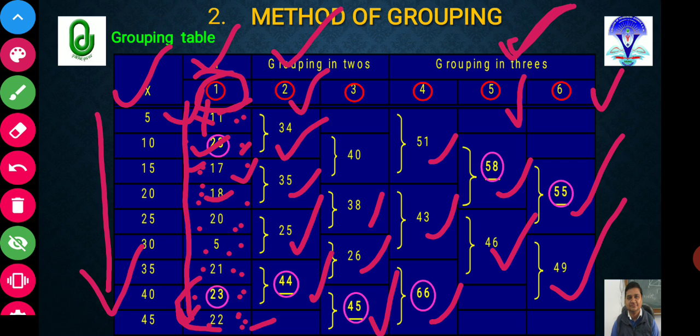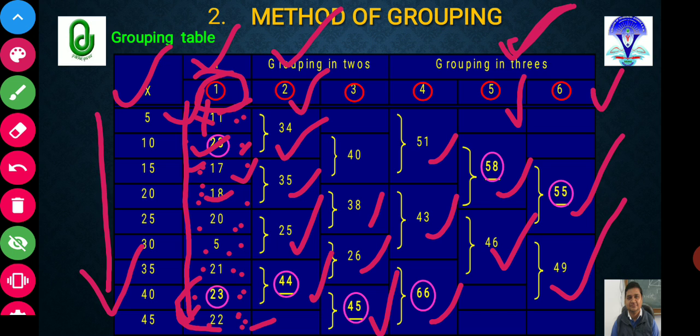We have to remember that in grouping in 2, in the first column you start from the first value, and in the second column you start from the second value. In grouping in terms of 3, in the fourth column you start from the first value, in the fifth column from the second value, and in the sixth column from the third value.